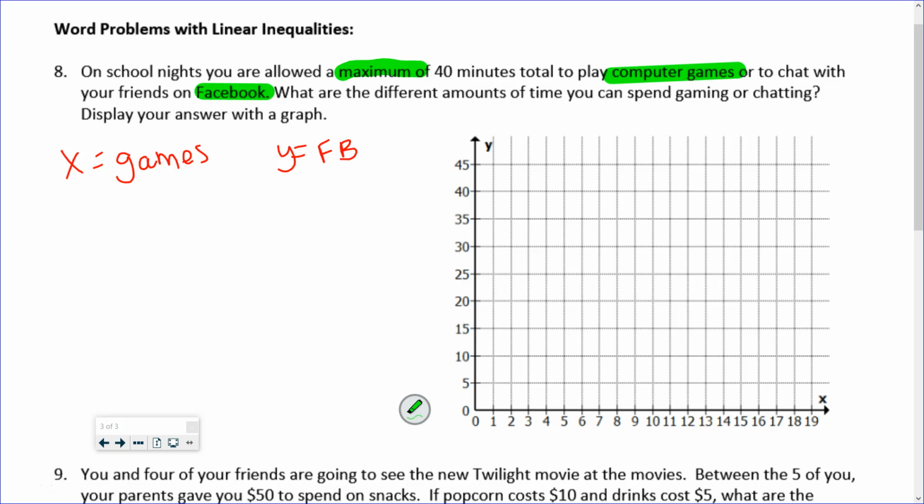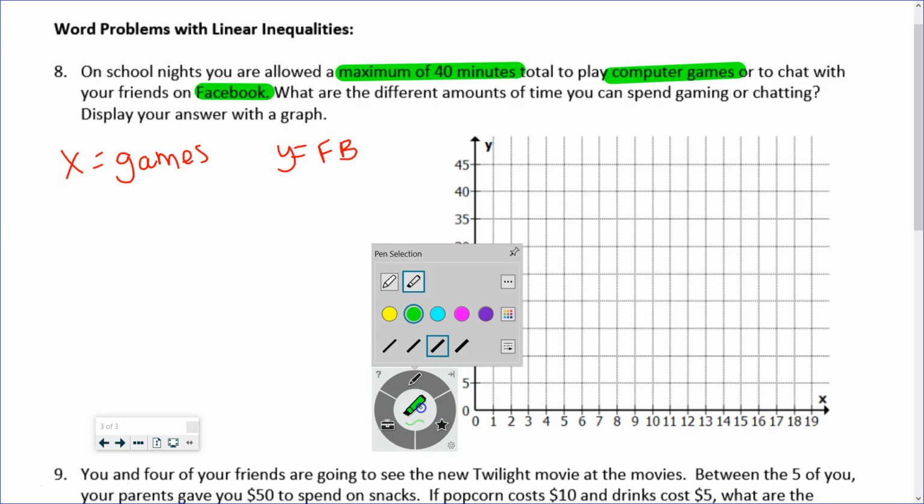I have a maximum of 40 minutes. So I have to stay under the 40 minutes, right? I'm not allowed to go over. Can I be equal to 40 minutes?